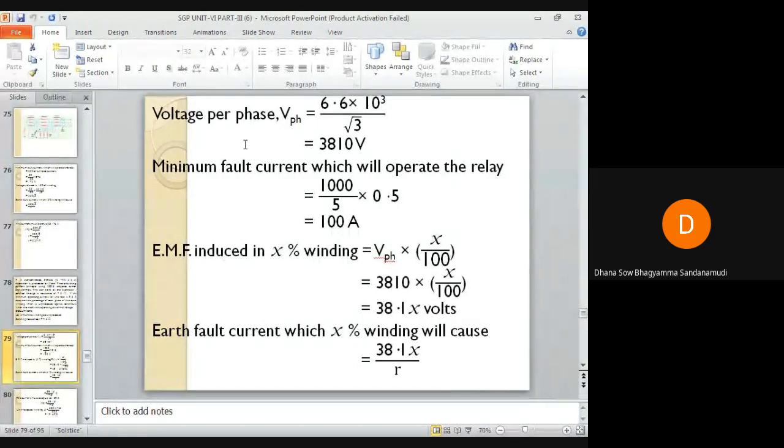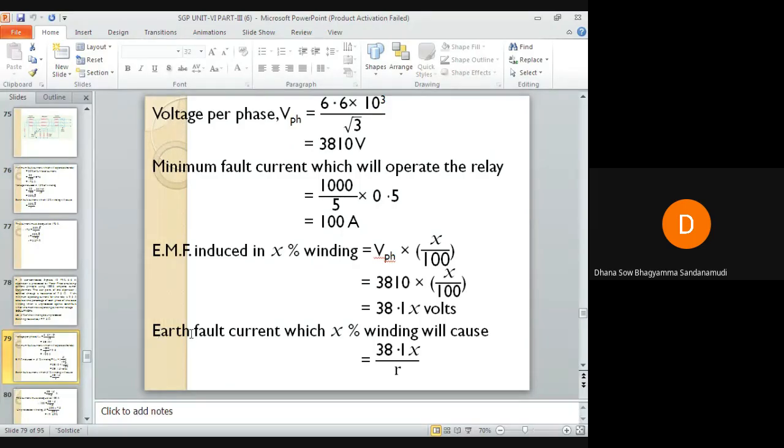You have to determine the voltage per phase. And later you have to determine the minimum fault current which will operate the relay. After that you have to determine the EMF induced in X percentage. This X percentage is the notation that we have assumed to determine the unprotected winding percentage.